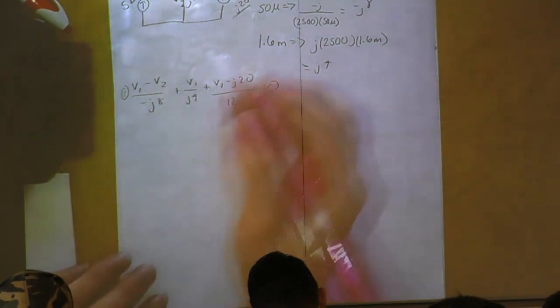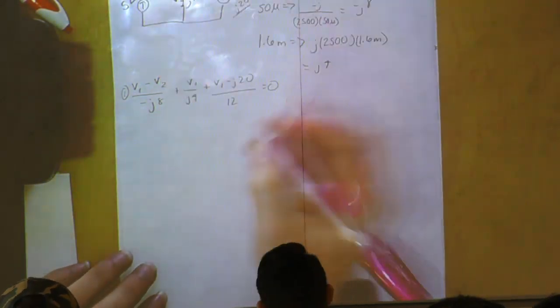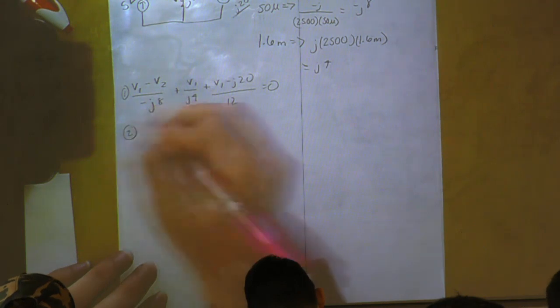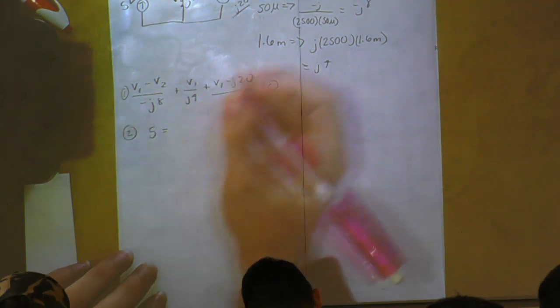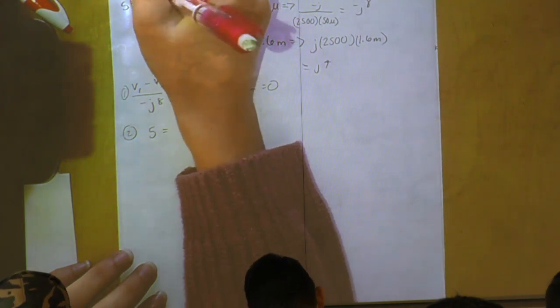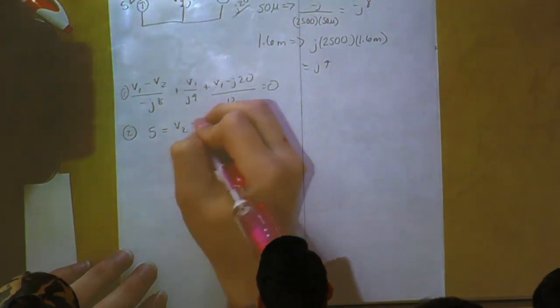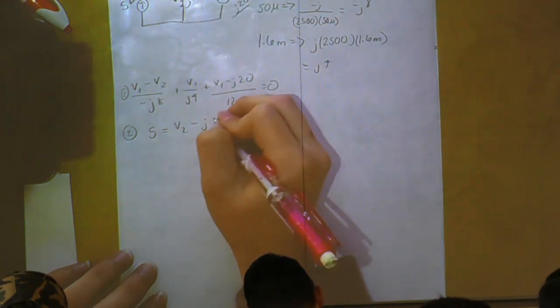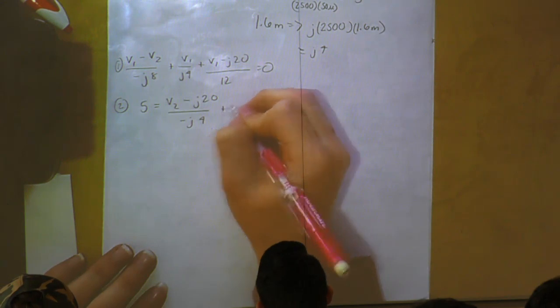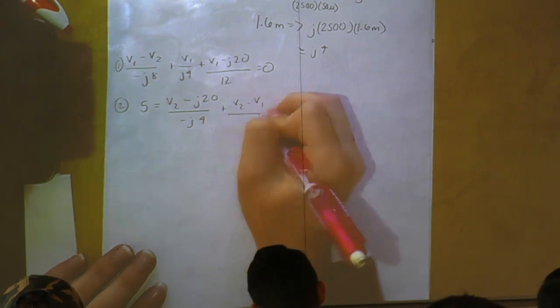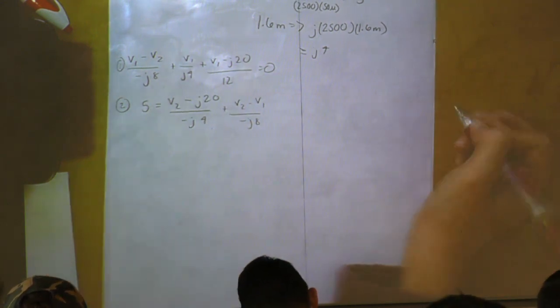Our next equation, we'll do V2, KCL. We can do incoming is 5 equals what's leaving, which is V2 minus J20 all over negative J4 plus V2 minus V1 all over negative J8.